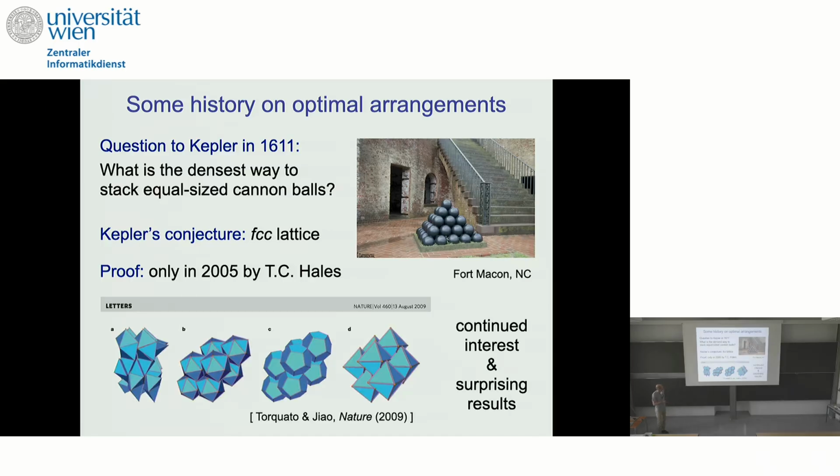Yeah? And this kind of packing and arrangement is still interesting these days, absolutely. For non-spherical particles, there are some really surprising solutions that are not always ordered lattices, but non-periodic structures.